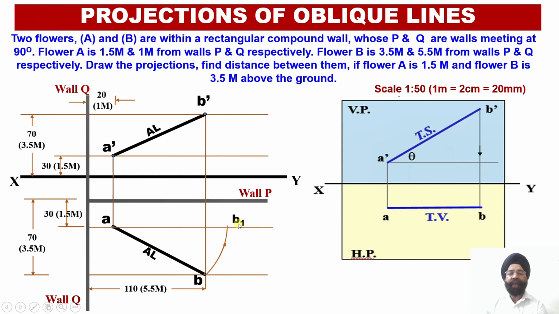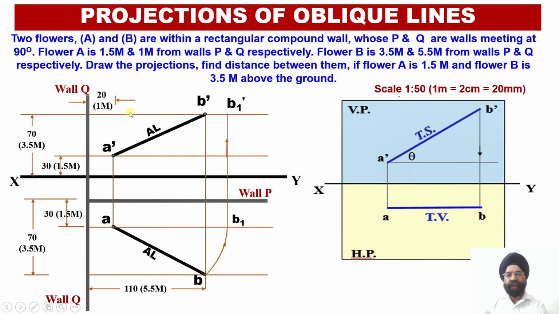Now once our apparent length has become parallel to the vertical plane, through these two points we are going to draw the vertical projector lines to meet at the vertical plane. So through B1, we are going to draw the vertical projector line upward, extended till it meets the horizontal locus line passing through the point B dash over here.